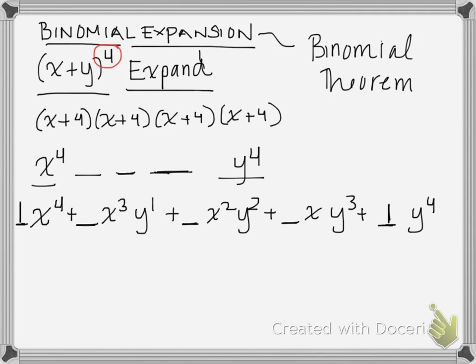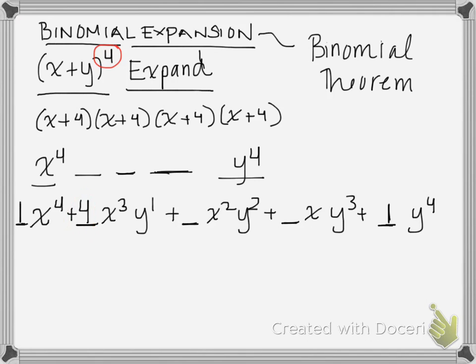The first thing that you might recall is that the coefficient here that I'm going to include in the expansion is going to match whatever the exponent is. So this coefficient right here is a 4, the same as the exponent on the binomial that was given.